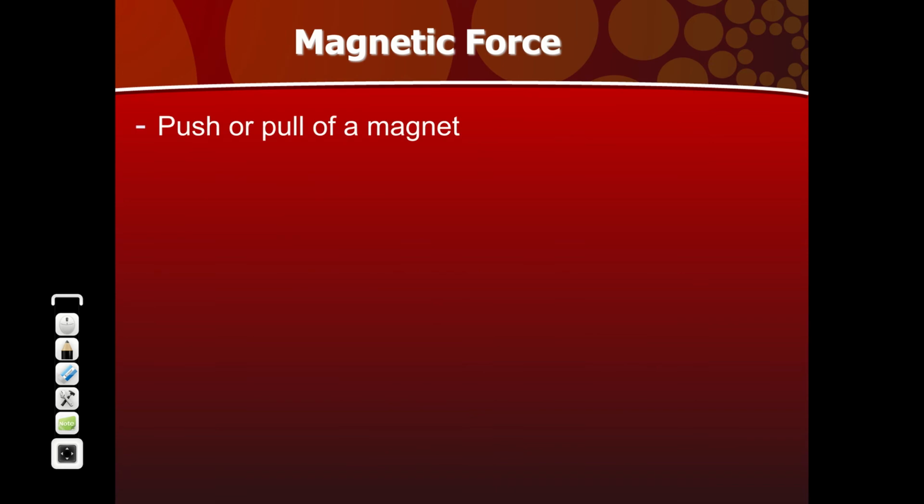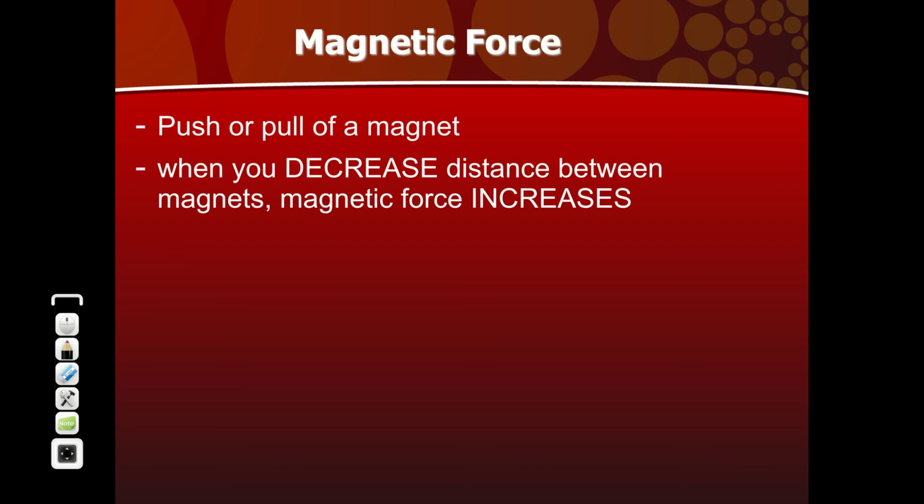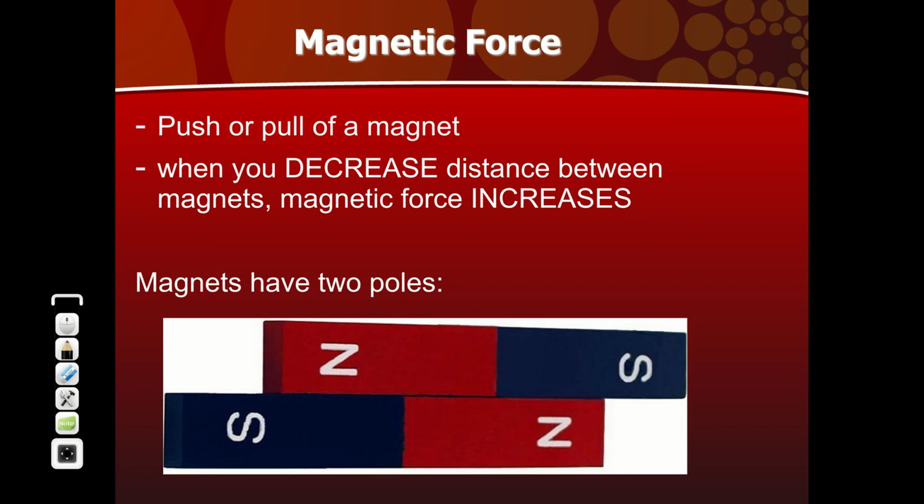With that in mind, a magnet creates what's called magnetic force. Again, any force is a push or pull from the magnet. It turns out when you decrease the distance between magnets, you'll increase the force. So there's an inverse relationship where if I want to increase the force, I decrease the distance between the two magnets.